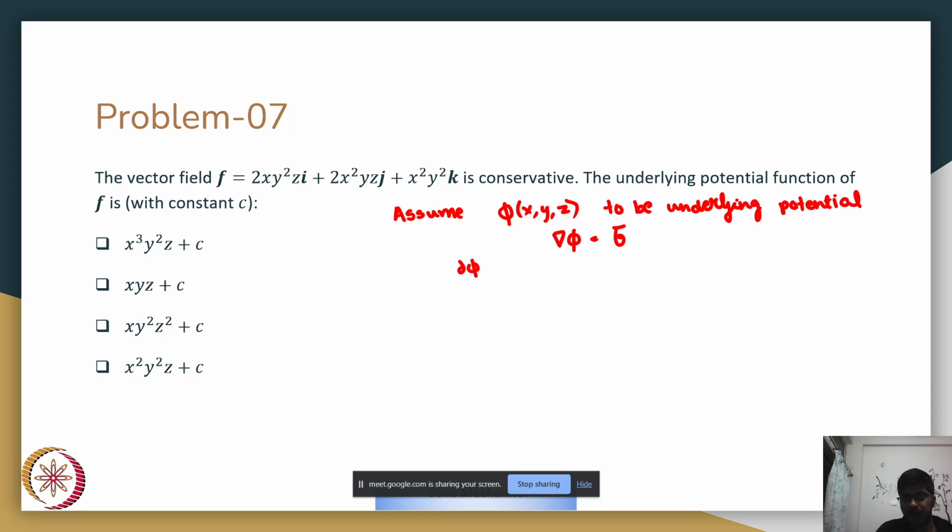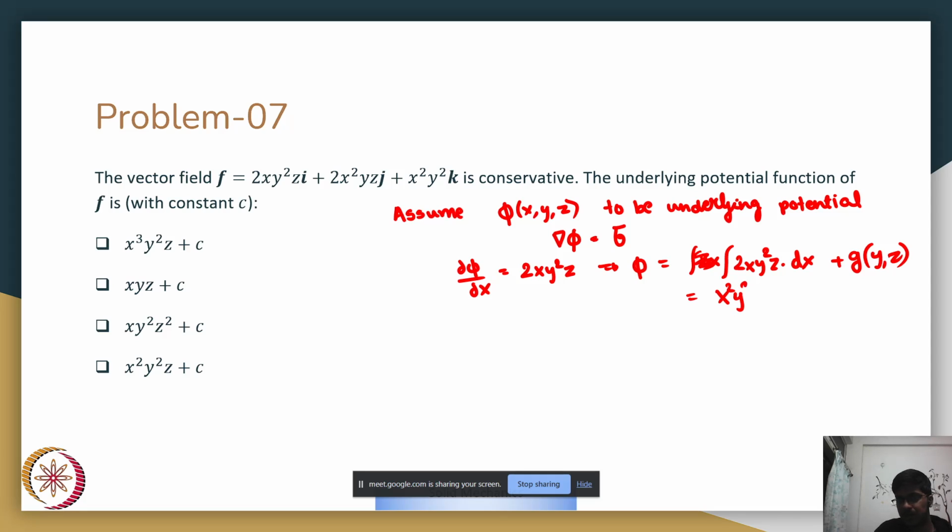So dou phi by dou x should be equal to 2xy squared z, which would mean that phi is nothing but the integral of 2xy squared z dx, assuming y and z to be independent, plus g of y comma z, which is nothing but x squared y squared z plus g of y, z. Then we take the partial derivative using this form with respect to y.